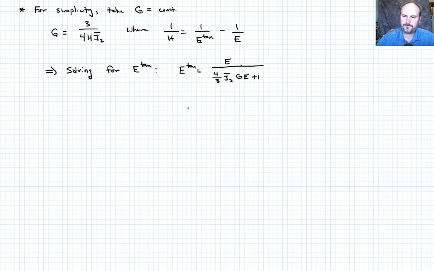Okay? Again, you can go back through and do all this. This is not that hard. But we know that G is constant and E is constant. So the only thing changing is potentially J2 bar.